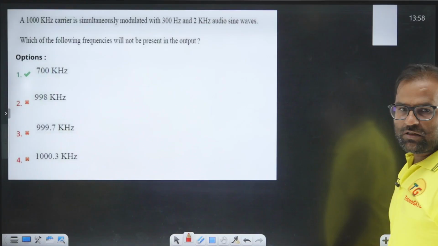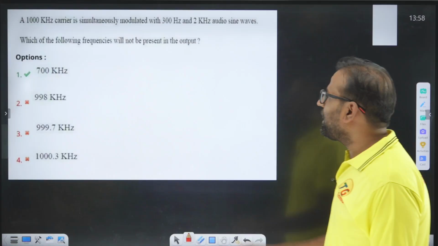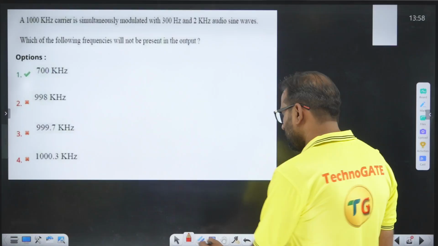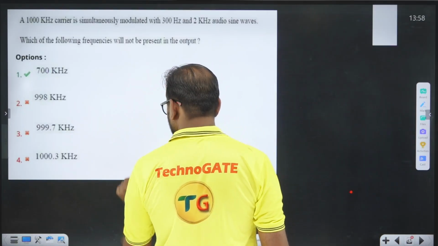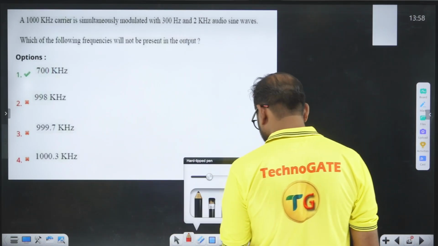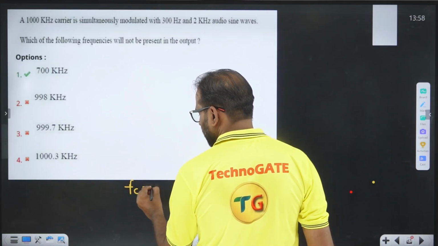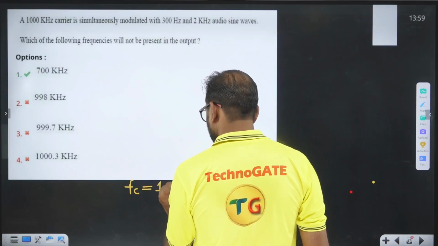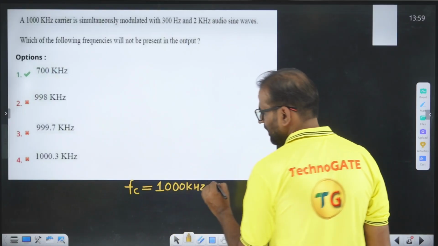Next question is from communication. A 100 kilohertz carrier is simultaneously modulated by 300 hertz and 2 kilohertz audio signals. So two audio signals are given and one carrier is given. Let's say the carrier has frequency FC equal to 100 kilohertz.